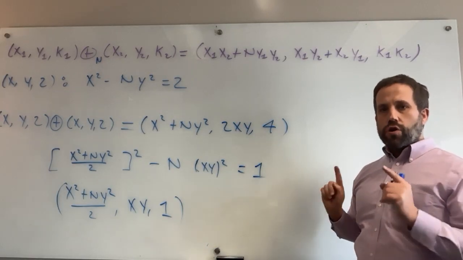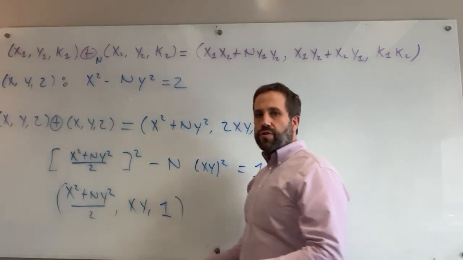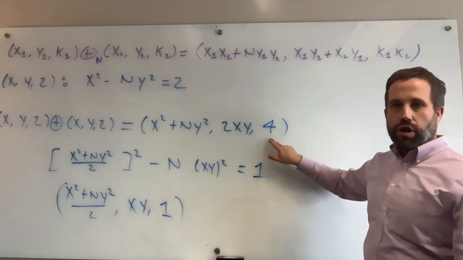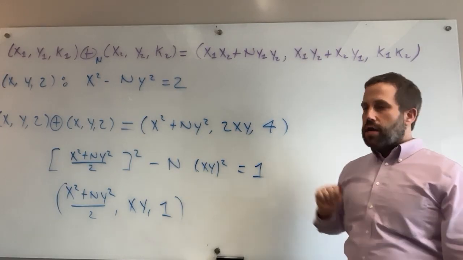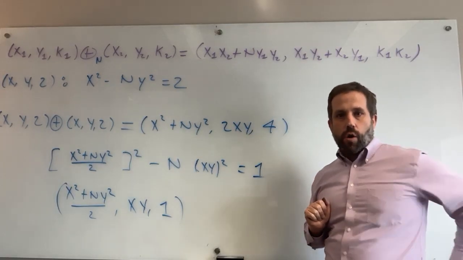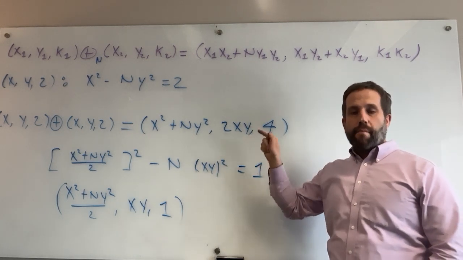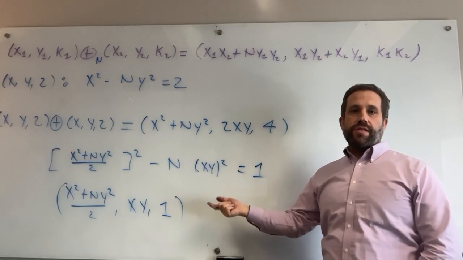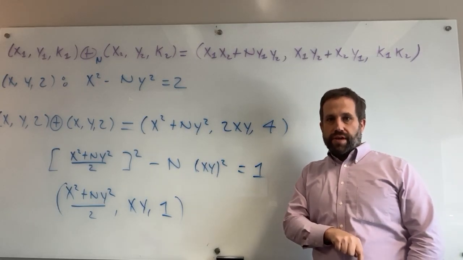Notice that if we had a minus 2 here as well, we could do this as well, because this is still going to be a 4, and all of the divisibility still works. All right, so I've just shown how you can go from a Brahmagupta triple x, y, 2 or x, y, minus 2, compose that with itself, and divide by 4 to get an x, y, 1 Brahmagupta triple.